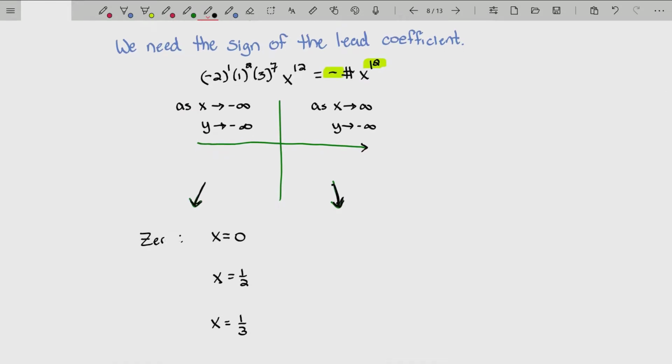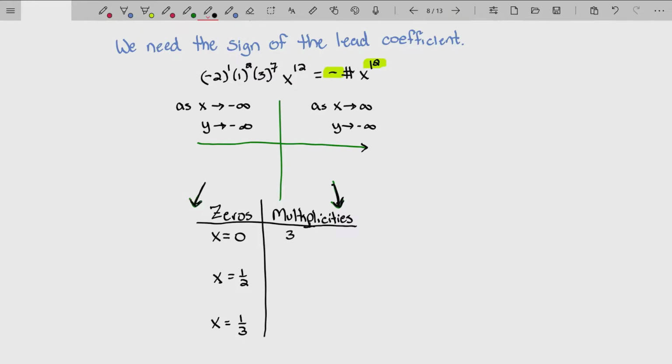So zeros, and then maybe you know what, I'm going to write it this way. I'll make a little table here. I'll say zeros, and then their multiplicities. All right, good enough.